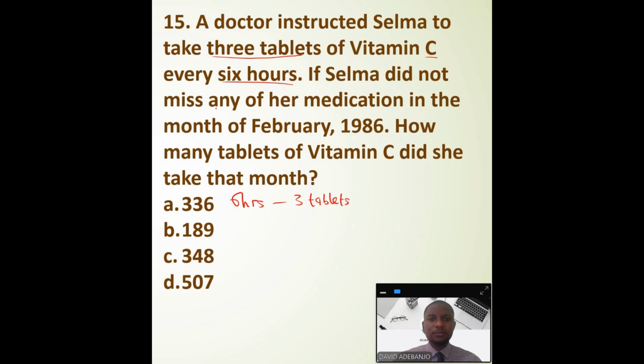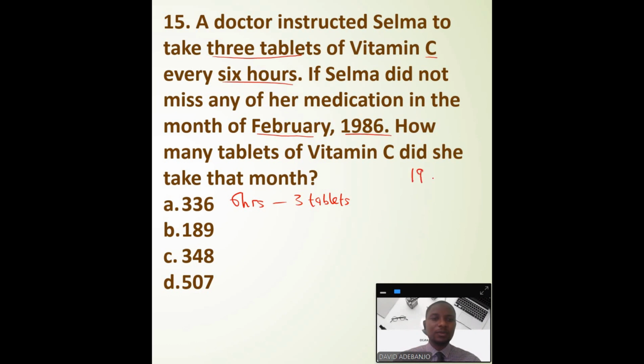If someone did not miss any of the medication in the month of February, there's a trap there, 1986. So when you see a year in a question like this, you have to find whether the year is a leap year or just an ordinary year. If it is a leap year, it will be divisible by what? 4. Meaning it's going to be 29 days for the month of February. So let's see whether it's divisible by 4.